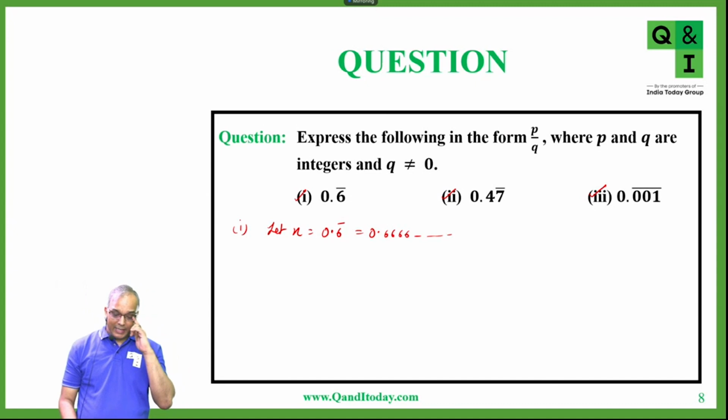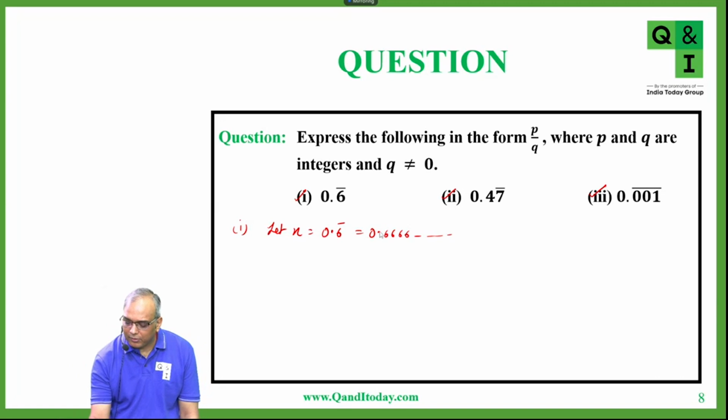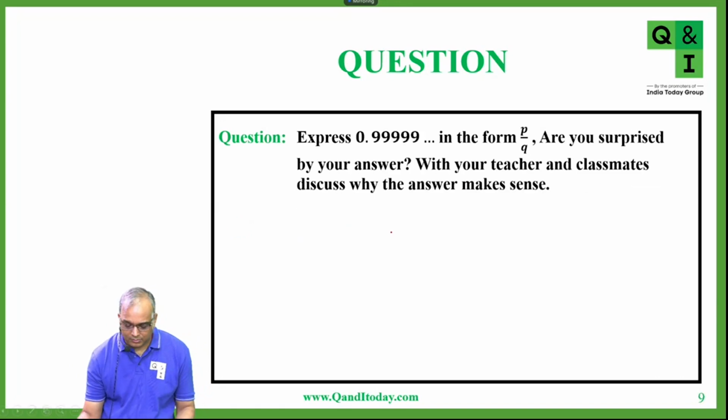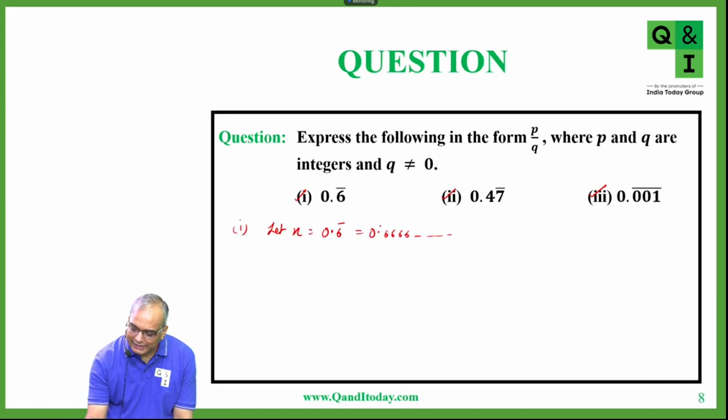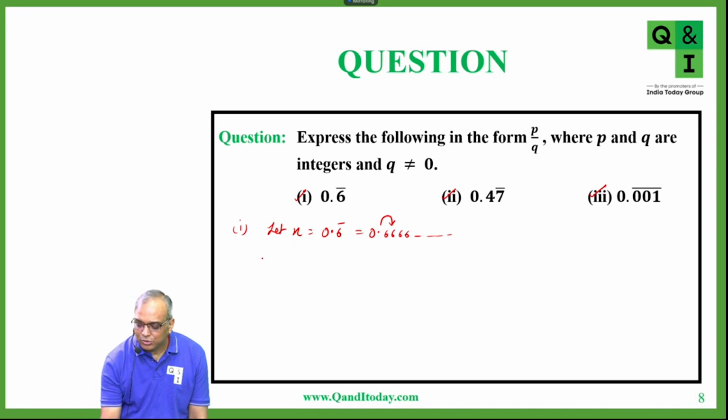Okay. So let x be equal to 0.6 bar. What we said is that we shift the decimal to the right. The number of digits repeating is 1, so we'll move it 1 digit to the right. So multiply by 10 on both sides.